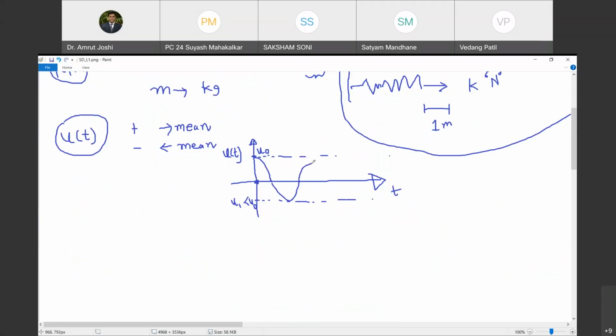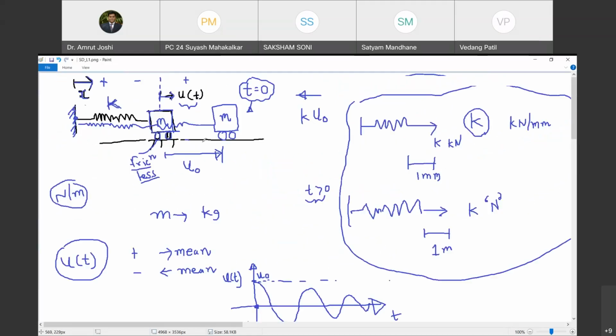So it goes to less than u1, then lesser than that, and eventually it comes to rest. So the amplitude of the to and fro motion goes on diminishing at some rate. We don't know what that rate is, but ultimately it comes to rest at the mean position. That mean position we are going to call our origin, so the mean position means u equal to 0. Happy?